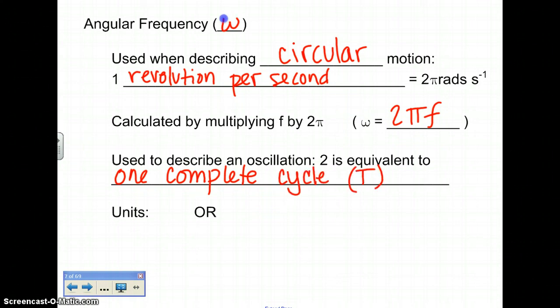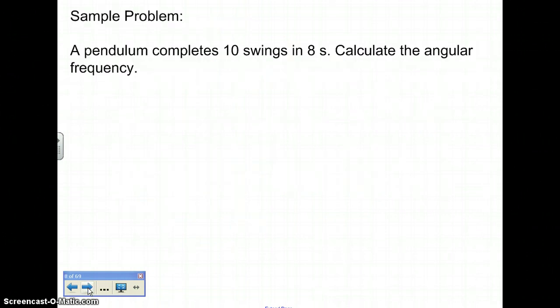That would be a capital T, right? So you've got 1 over T again, and that gives s to the negative first. What does 1 over s mean, guys? 1 over s simply means hertz. So your angular frequency and straightforward frequency are both measured using the same units.